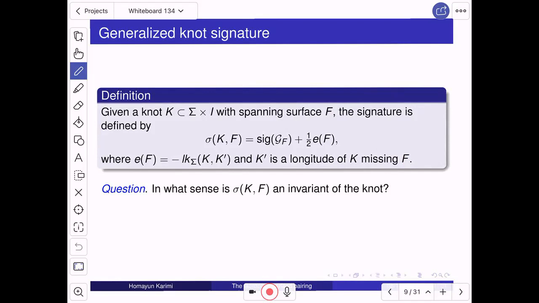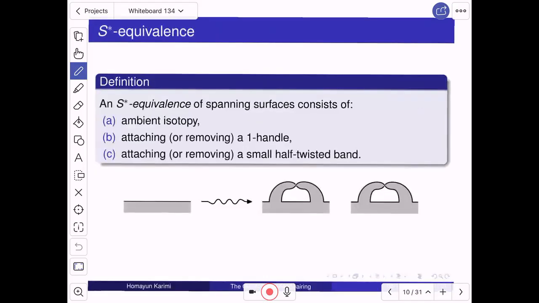To answer this question, we define the notion of SSR equivalence. Two spanning surfaces are called SSR equivalent if you can go from one to the other by a combination of the following moves. The first move is ambient isotopy.